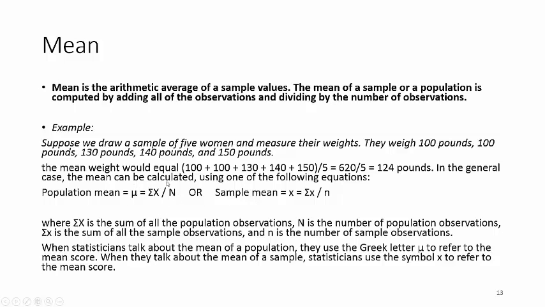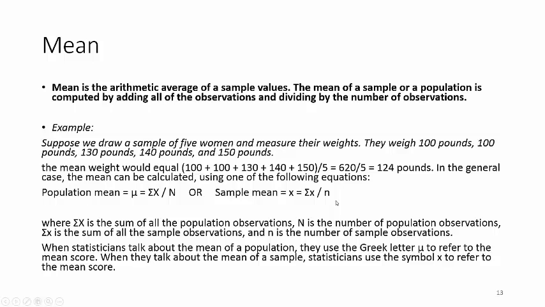In the general case, the mean can be calculated using one of the following equations. This equation is called the population mean, and this is the sample mean. This is the sum of the population observations, and N, capital N, is the number of population observations. And here is the sum of all sample observations divided by the number of sample observations.